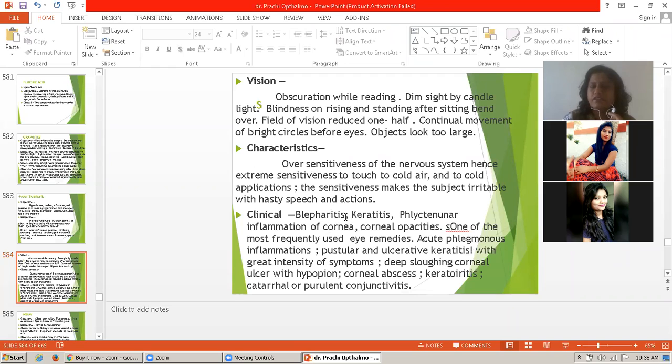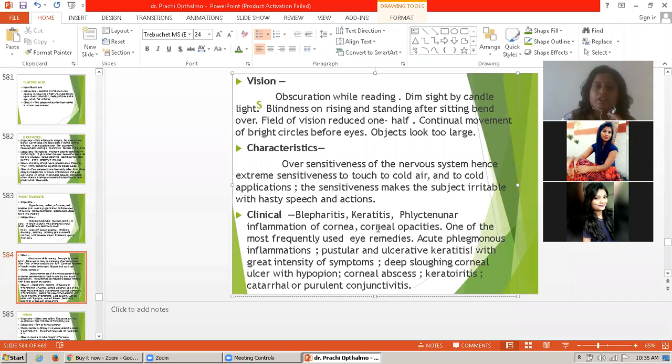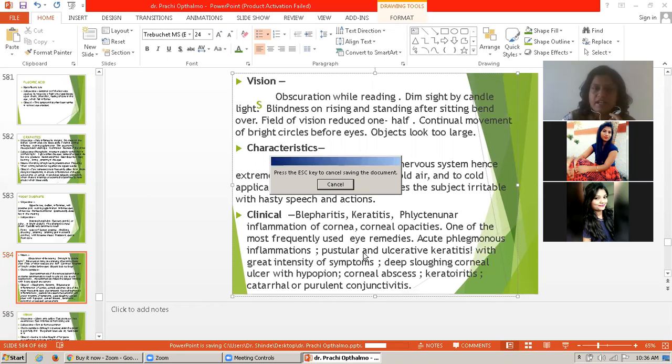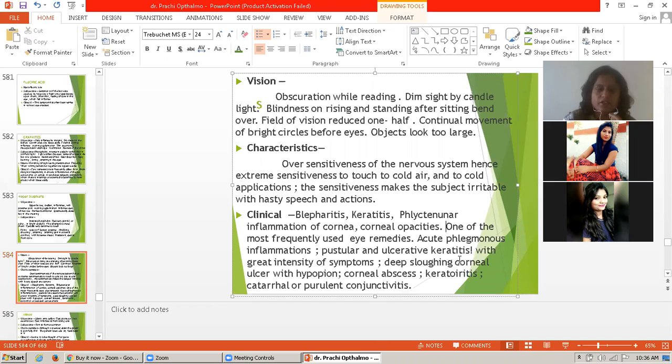Clinically, Hepar is useful in blepharitis, keratitis, phlyctenular inflammation of the cornea, and corneal opacity, and is one of the most frequently used eye remedies in acute phlegmonous inflammation, with pustular and ulcerative keratitis with great sensitivity of the symptoms, and deep sloughing corneal ulcer with photophobia.